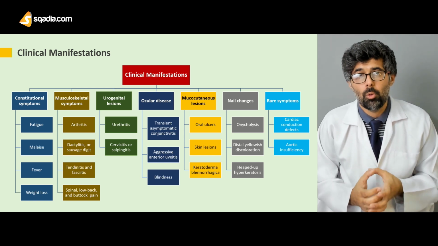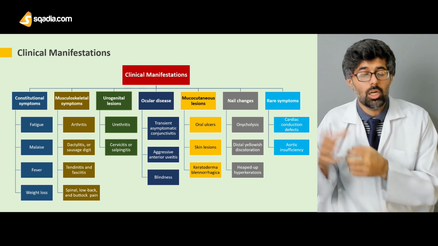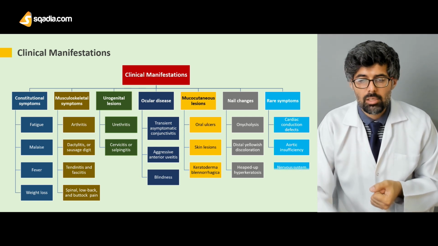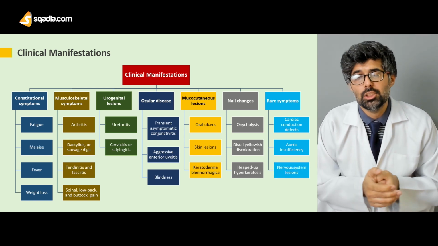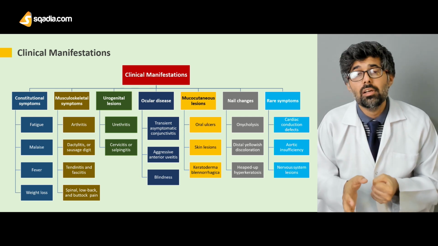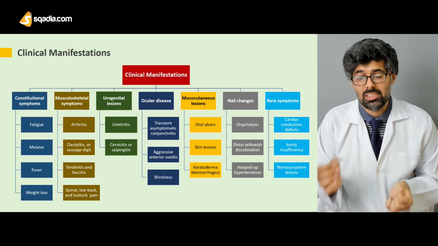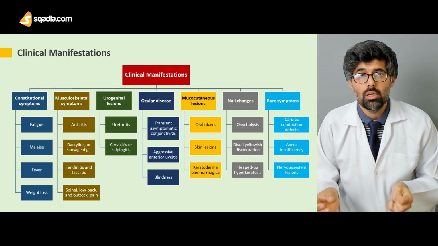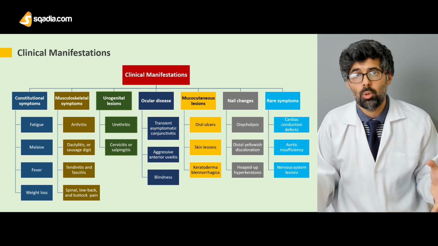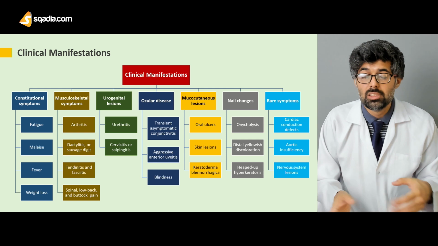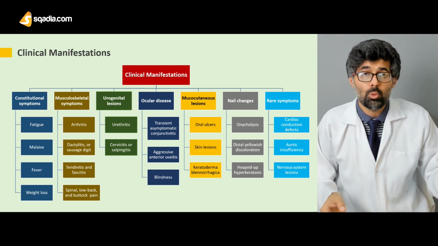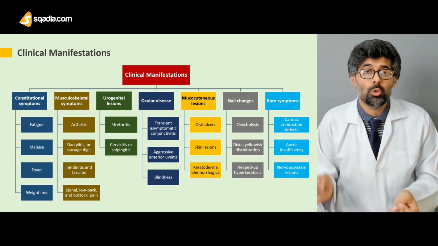The aorta is not performing to its utmost efficiency. Then we have the nervous system lesions, which again are very rare but can present as a variety of neurological problems in reactive arthritis, because like I said, it is both an autoinflammatory and autoimmune disorder.